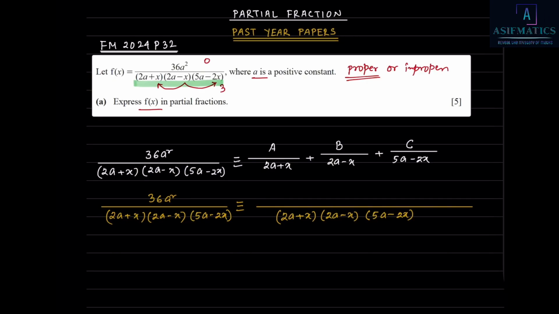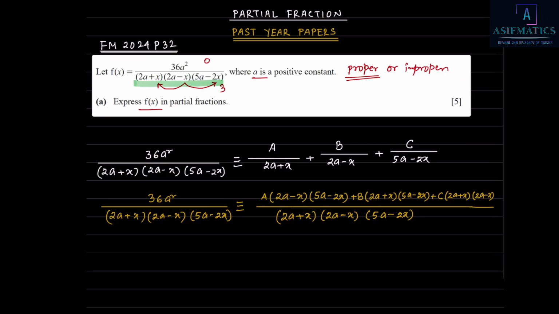Then we can write A times, because 2a + x is the factor in the denominator, (2a − x)(5a − 2x), plus B times (2a + x)(5a − 2x), plus C times (2a + x)(2a − x).